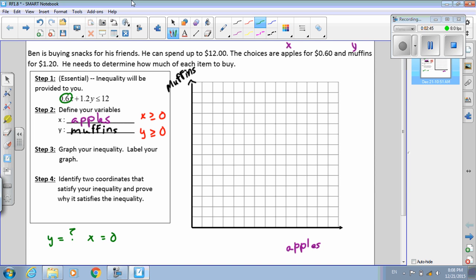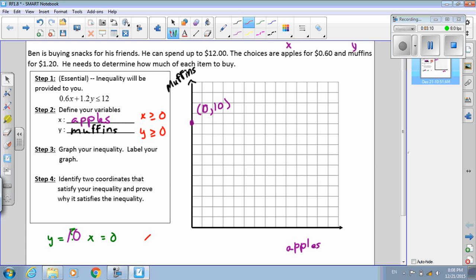That's 10. So that means that if x is 0, y would be 10. So 10 units: 1, 2, 3, 4, 5, 6, 7, 8, 9, 10. Here we go. That point, you can label it if you wish: (0, 10).